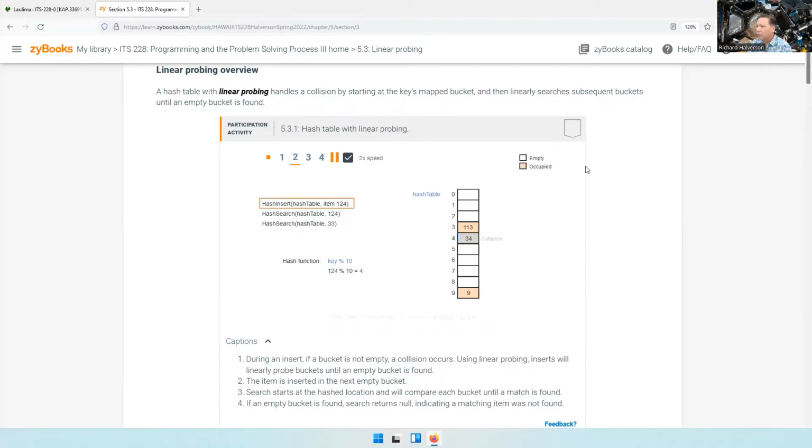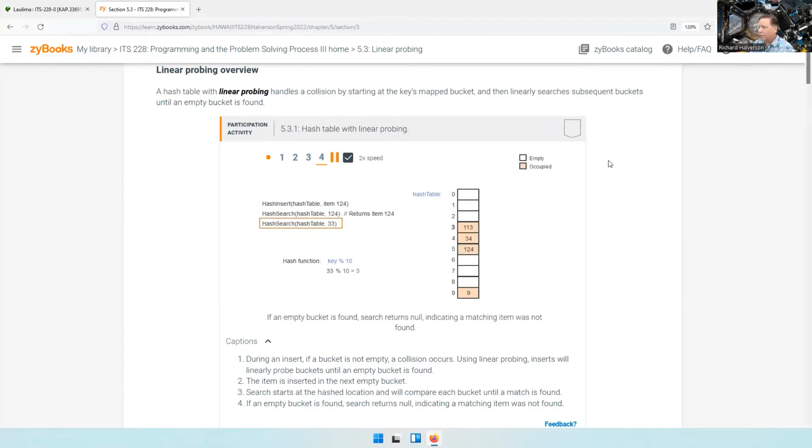So it goes to the next one, which is empty, and it puts it there. And then there's another collision. No, that's a search. That's how searching works. We're searching for 124, and that's returned.